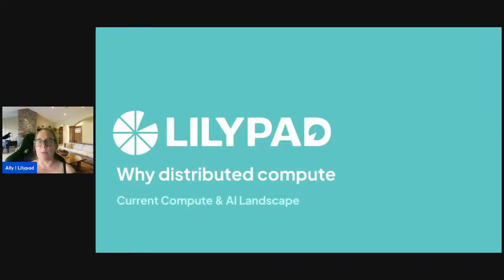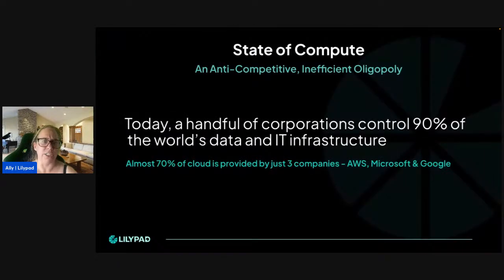So from a Web3 perspective, enabling distributed verifiable compute that can unlock these internet-scale compute capabilities, and perhaps even help onboard those next million developers we keep talking about, maybe seems like an obvious thing to do, but there are a few other reasons motivating us as well. First, we take a look at the current compute landscape.